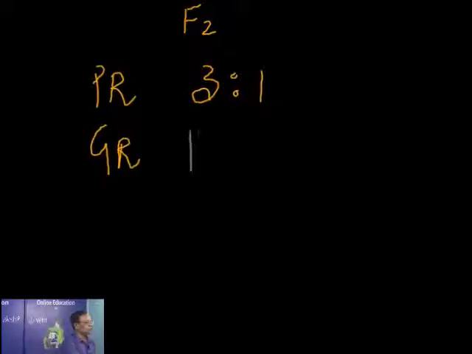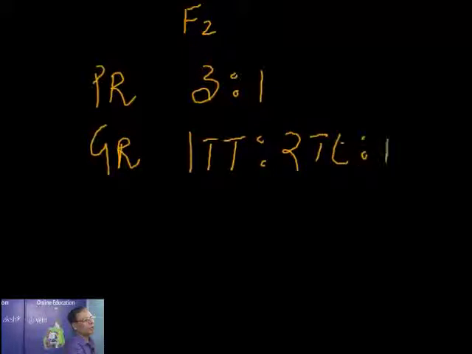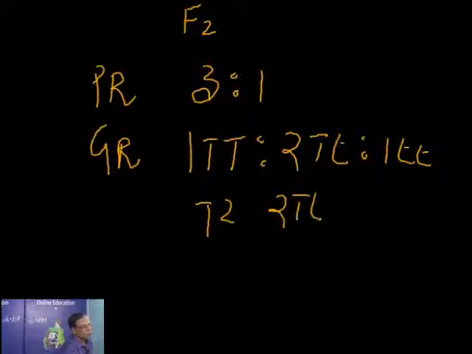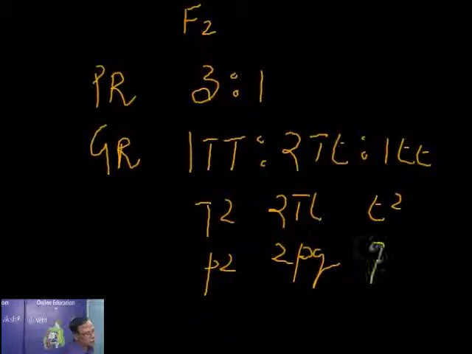We received 1 homozygous tall, 2 heterozygous tall, and 1 homozygous recessive. This is what is called the genotypic ratio. So this is equal to T square, then 2Tt, and then t square, and this is equal to 1 p square, then 2pq, then q square.